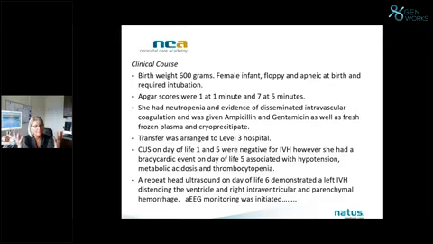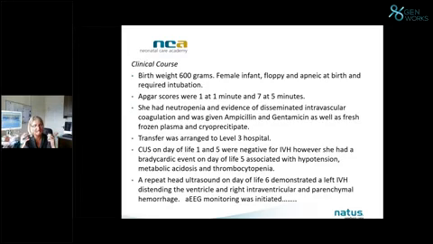The baby got ampicillin and gentamicin, FFP, and cryoprecipitate, and was transferred to the level 3 hospital. They did a cranial ultrasound on day 1 of life and day 5 of life, and there was no intraventricular hemorrhage. However, after the cranial ultrasound scan on day 5, the baby had a severe bradycardic event that was associated with hypotension.